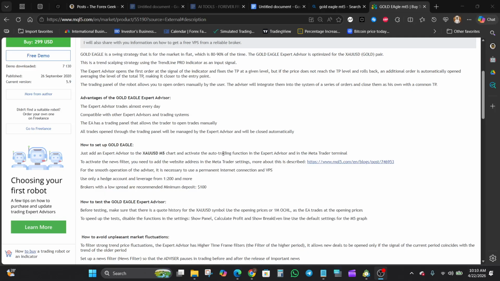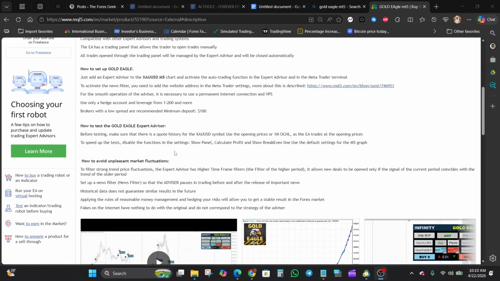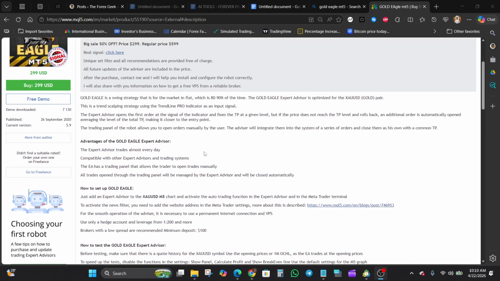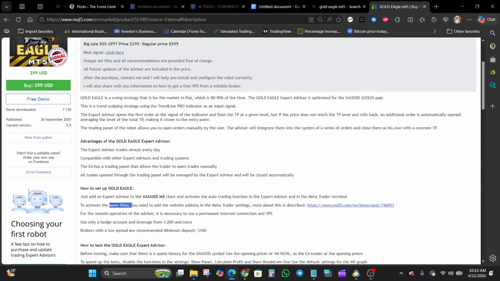Next, we have the higher time frame filter. Okay, and this is designed to align trades with a broader market direction. So instead of just relying on signals from the current time frame, it checks whether the higher time frame trend supports the trade. Okay, and then there is also the news filter, right?